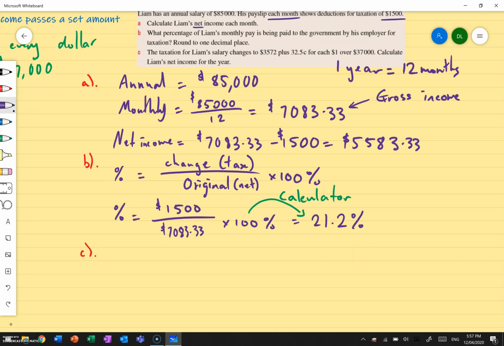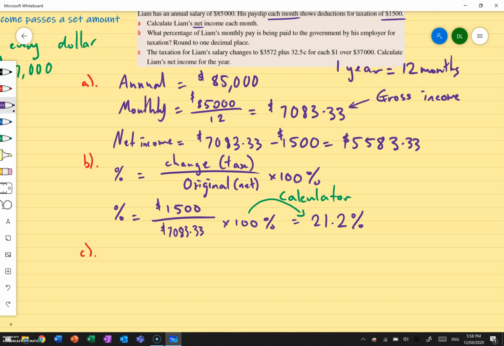Okay, so the taxation for Liam's salary changes to $3,572 plus 32.5 cents for each dollar over 37,000. Calculate Liam's net income for the year. So we've got to look at this and make sure we understand how tax works. Basically, what it's saying is that it has a flat 3,572.